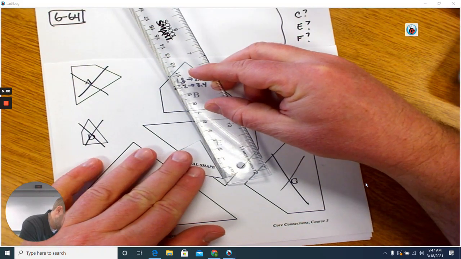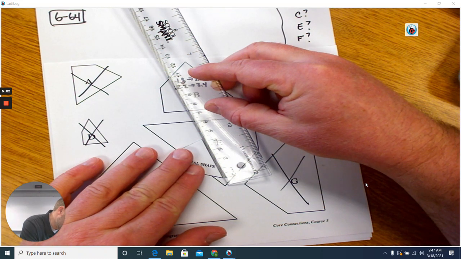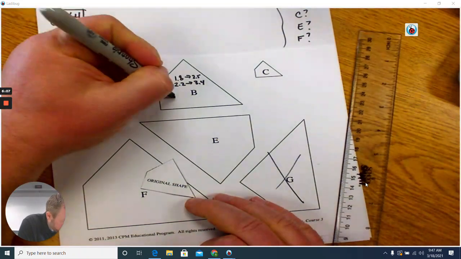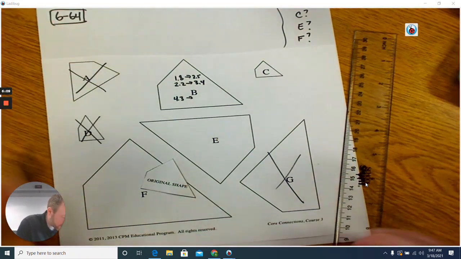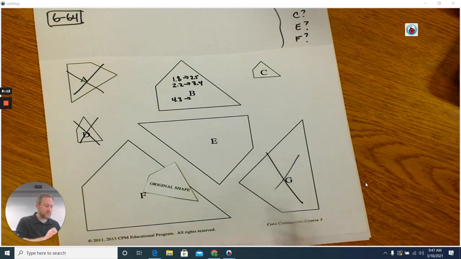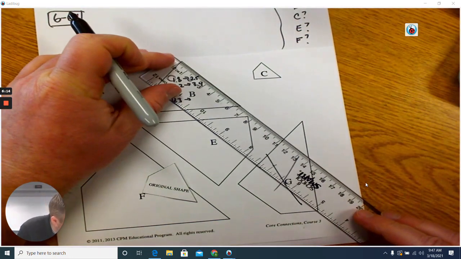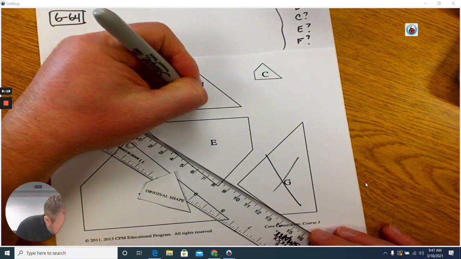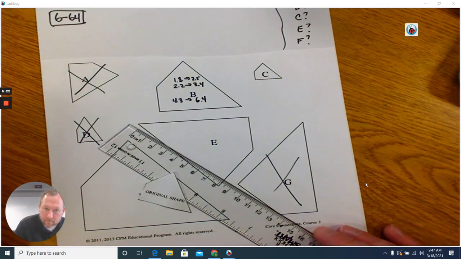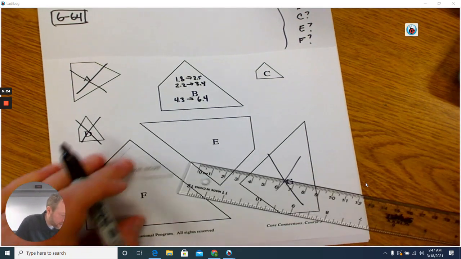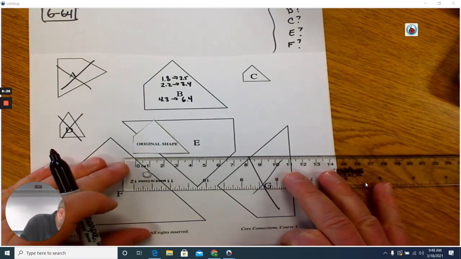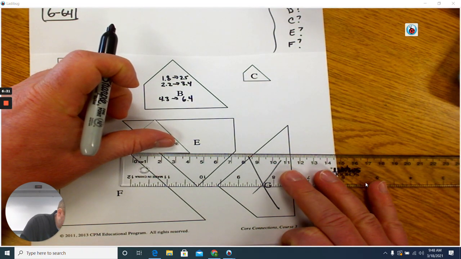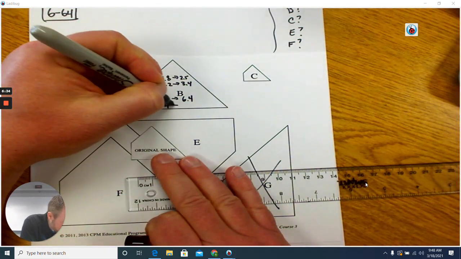So this one, 4.3 to 6.4, and you have to understand that there's human measuring error, so just be aware that this might not end up working out perfectly.